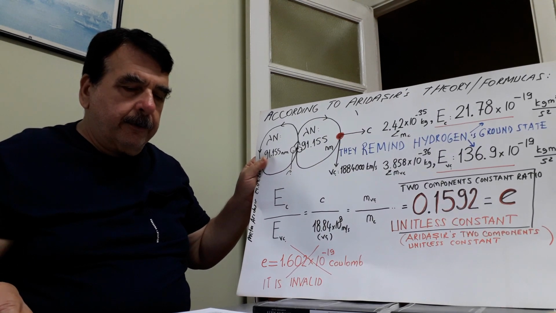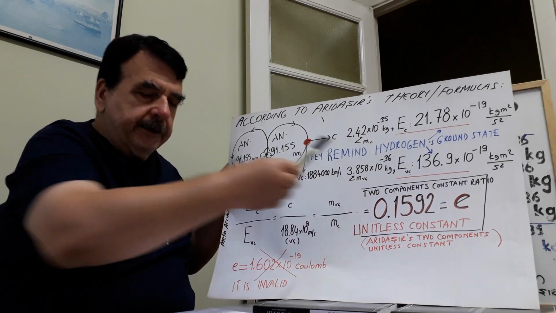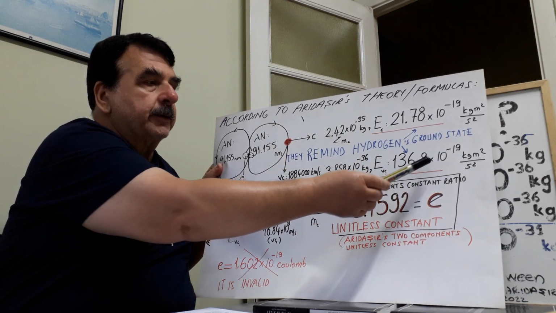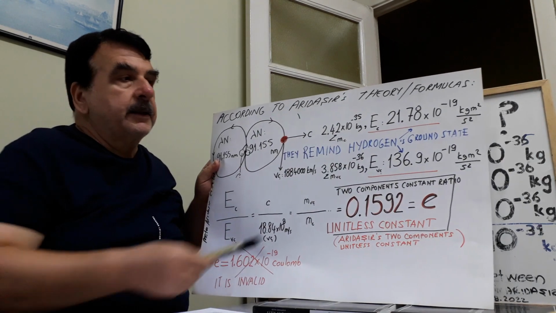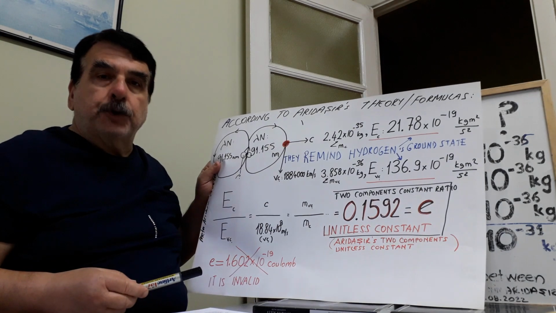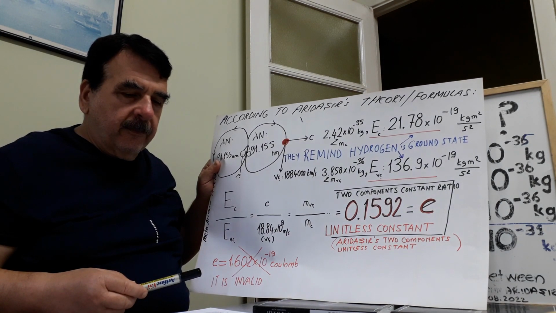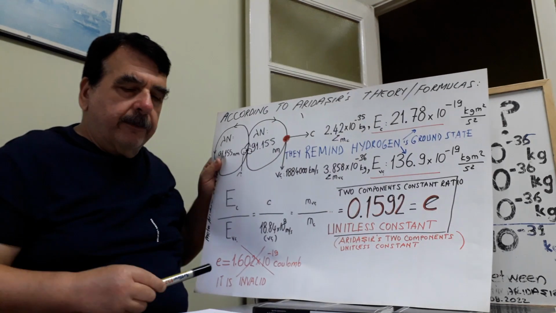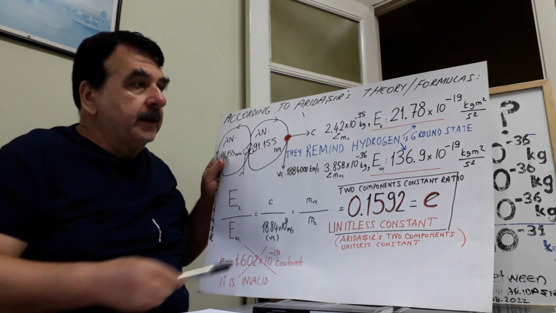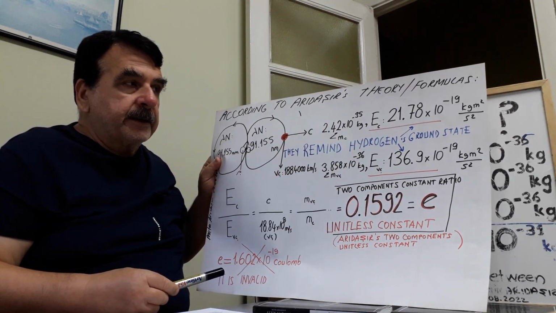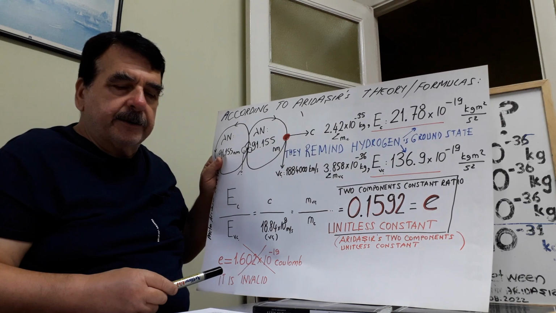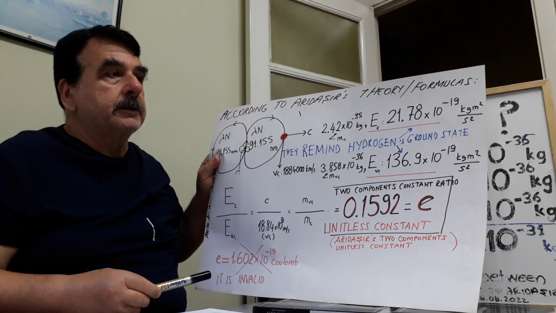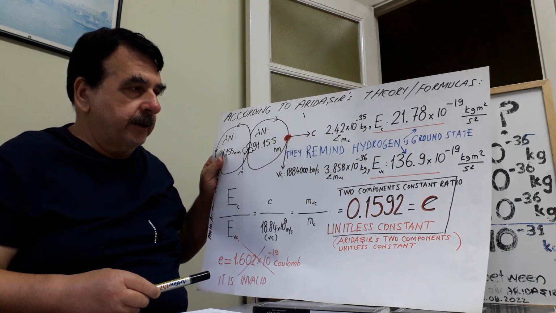Energy value for linear velocity component direction is 136.9 10 to the minus 19 joules, and energy value for speed of light component direction is 21.78 10 to the minus 19 joules or kilogram meter square divided by second square.